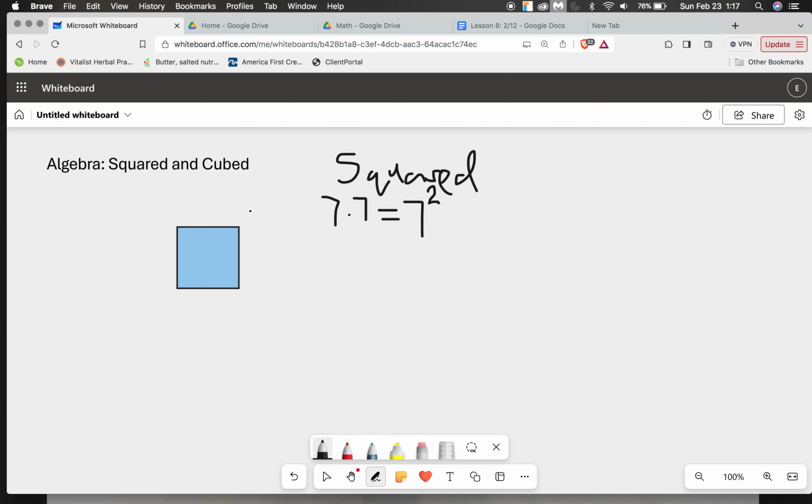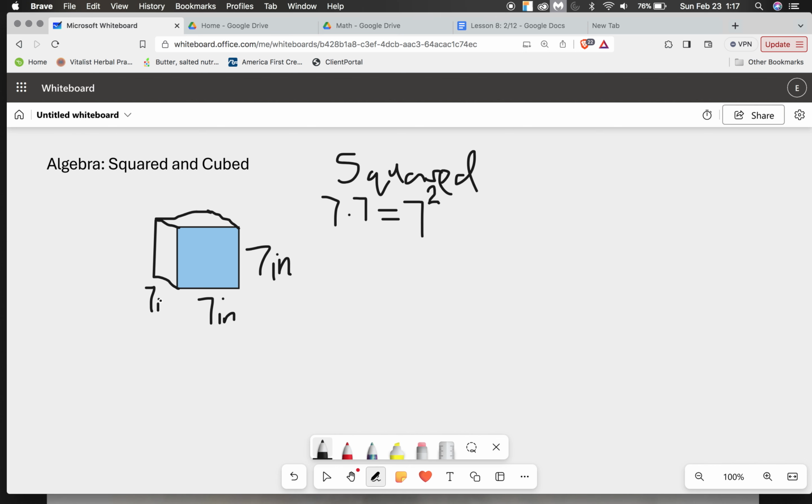Now, when you get cubed, so this is squared. Alright, so cubed, as you might imagine, comes from the fact that when we are trying to find the area of a cube, let me draw a very poor depiction of a cube right here. So this is 7 inches still, and this is 7 inches, and all the sides of this cube are 7 inches.